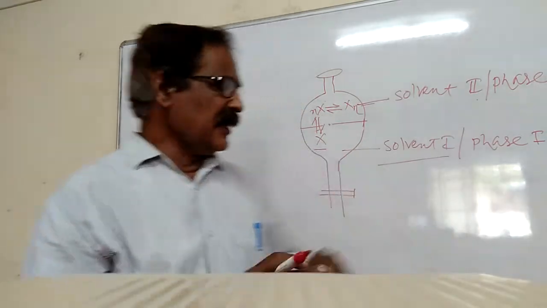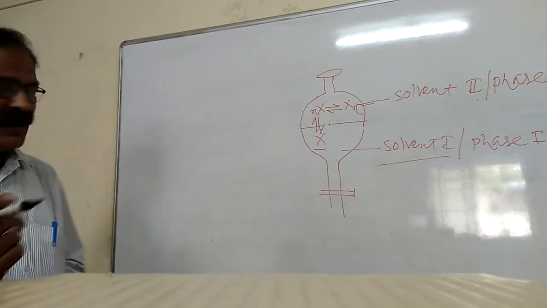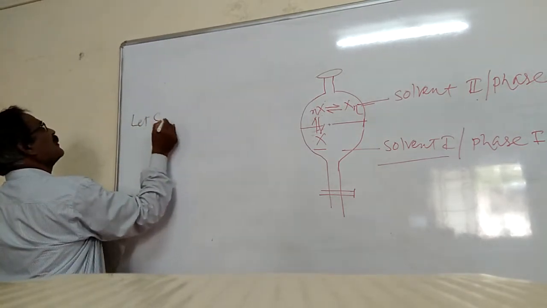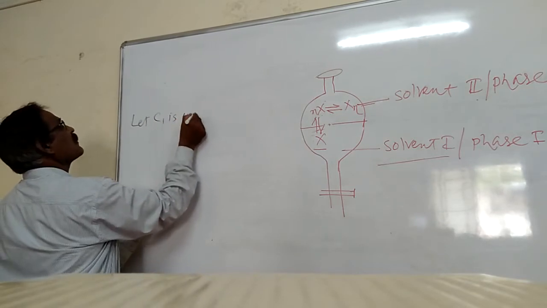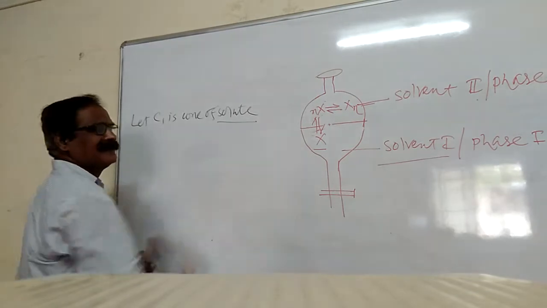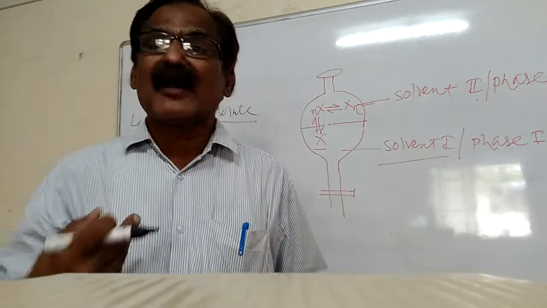Let C1 represent the concentration of solute X in solvent 1, the normal solute existing in its normal molecular state.